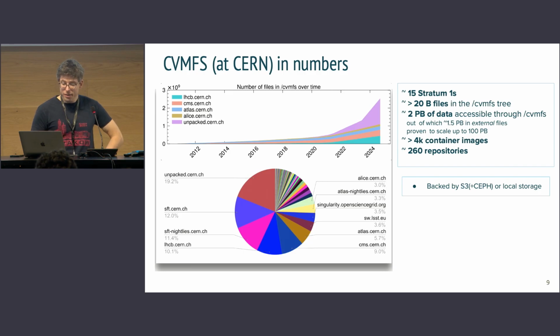What's also nice is that there is this long tail of smaller repositories which are also being used in astronomy. There's the LSST, there's LIGO, and there's the Euclid telescope by the European Space Agency, which uses CVM-FS as well. It's used very widely in the sciences.